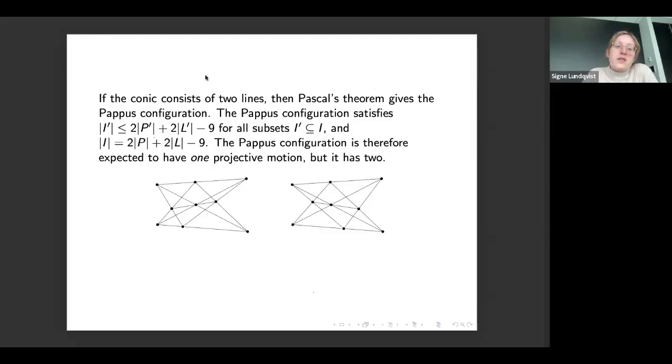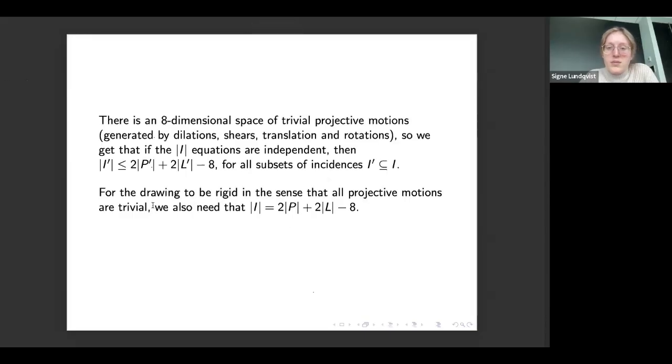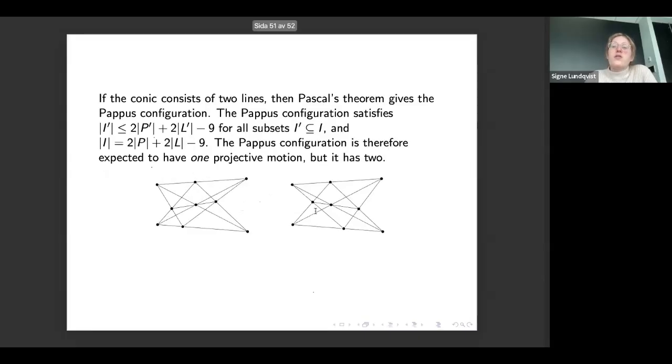All right, because these counting conditions that I stated here, which are necessary for projective rigidity, are not sufficient. And they're not sufficient because sometimes when you have these theorems, you get motions that you wouldn't expect. And characterizing incidence theorems, or even giving an explicit description of what incidence theorems are, is kind of hard.